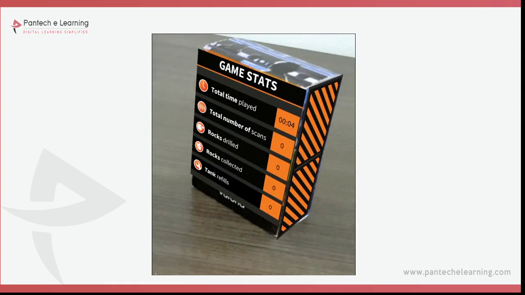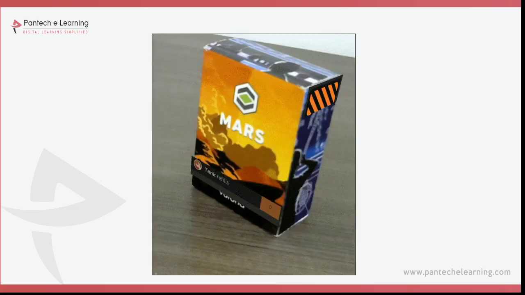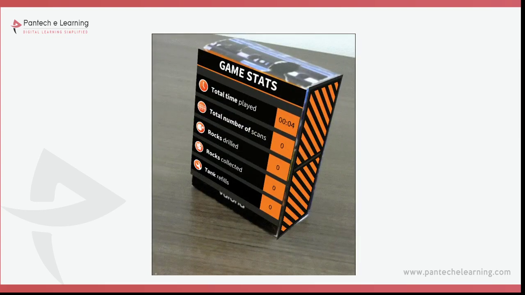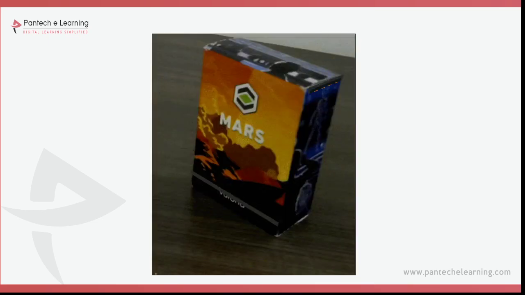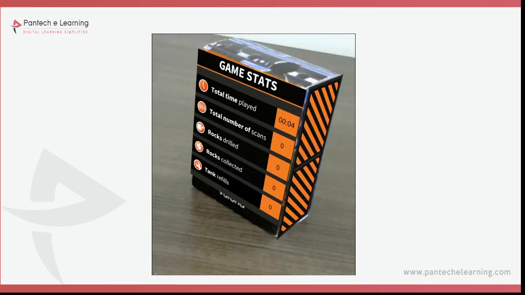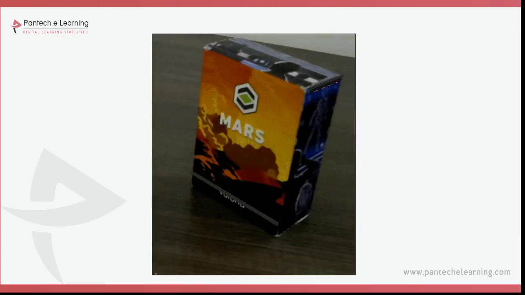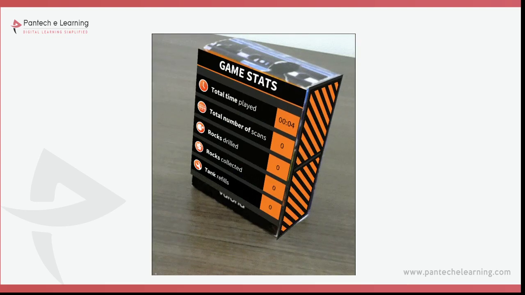These three types of augmented reality come under marker-based, where the target image or target box plays a major role in recognizing that particular target image and at the same time integrating the 3D models.